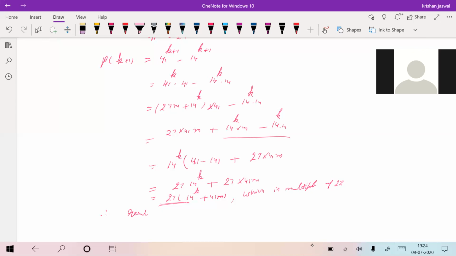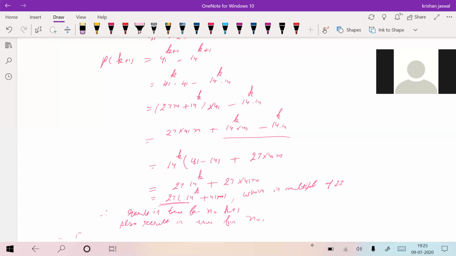The result is true for n is equal to 1. Also the result is true for n is equal to k, and true for n is equal to k plus 1.